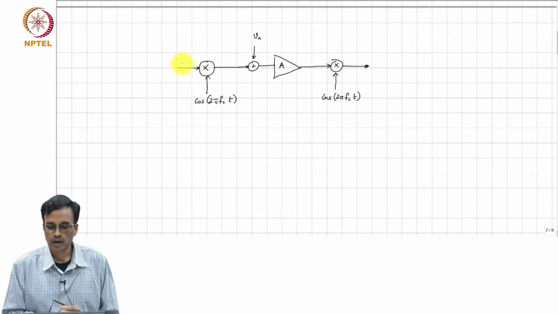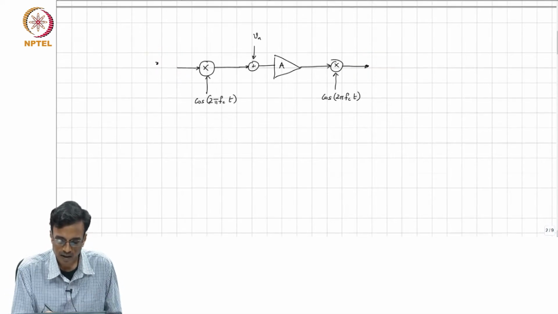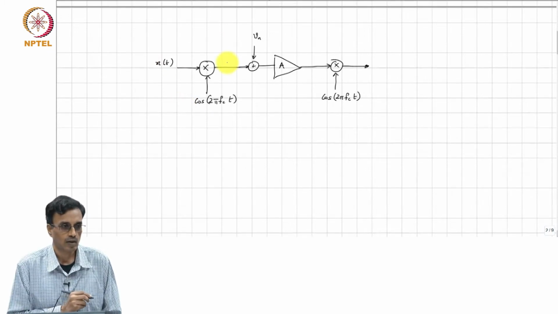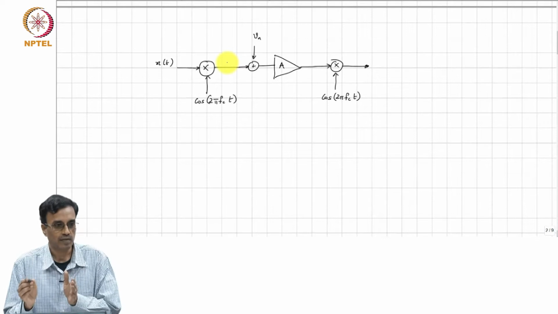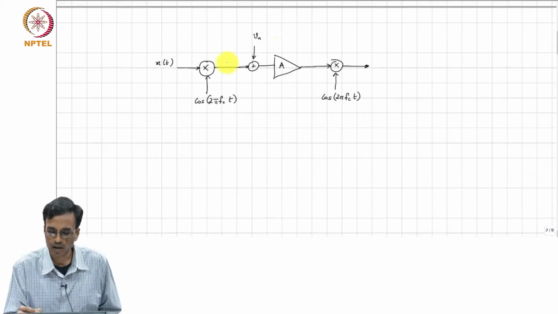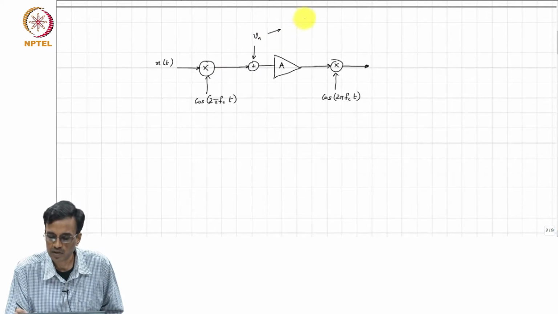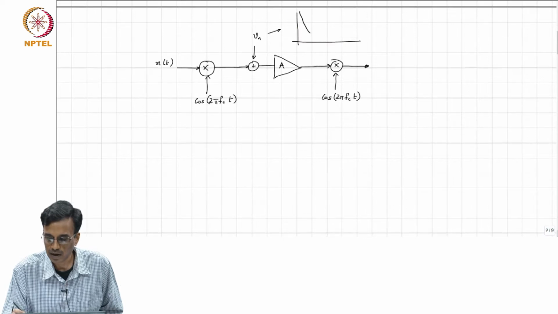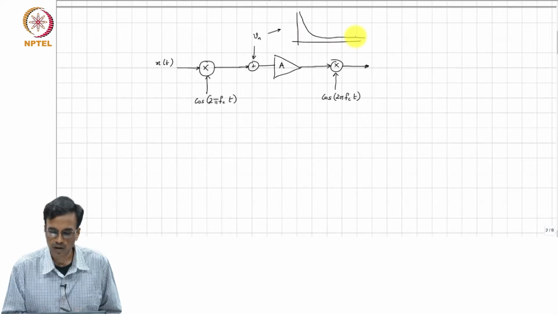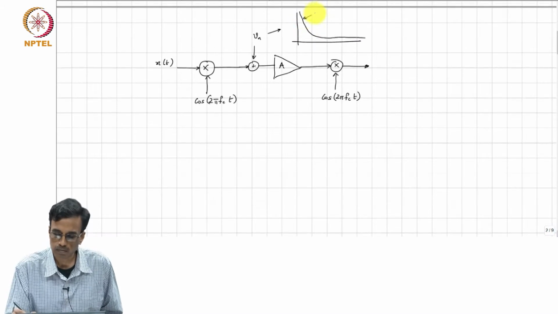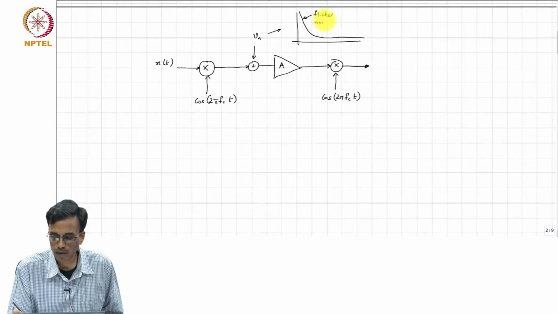The idea is that the spectrum of x of t will get translated to around fc and gets processed by the amplifier, where this Vn represents the input referred noise of the amplifier, which has a thermal noise floor, but at low frequency it has flicker noise.